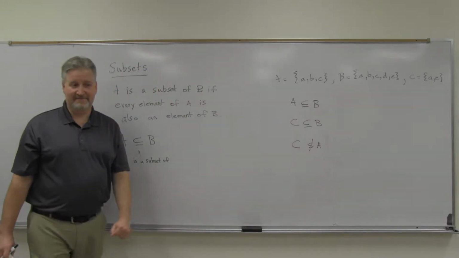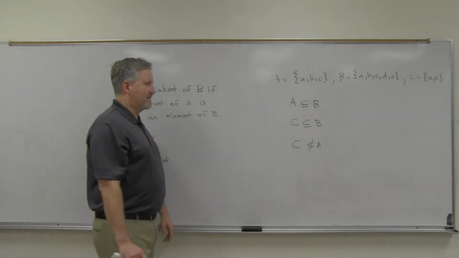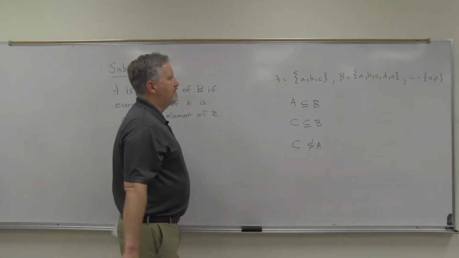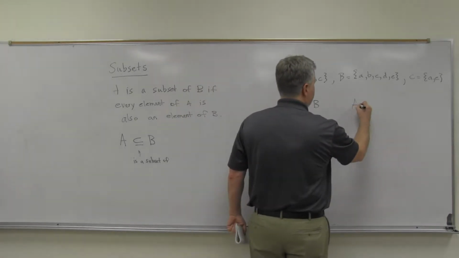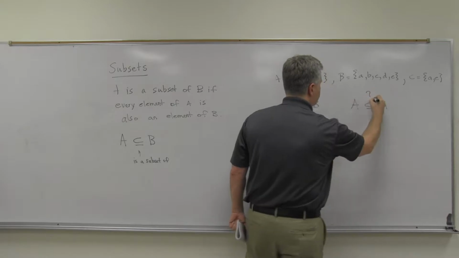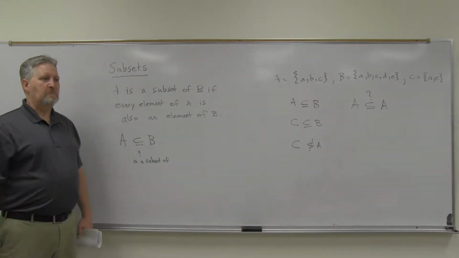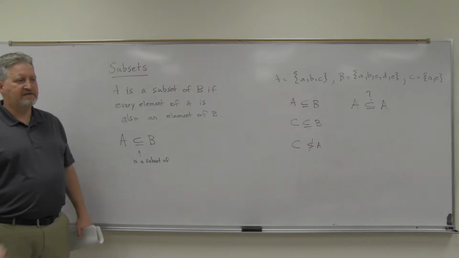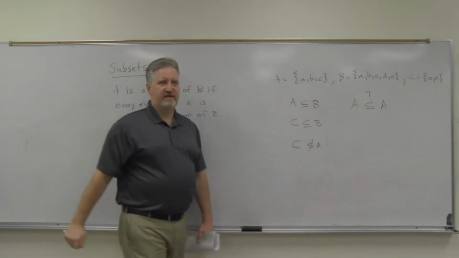All right, now, there are some things you might have a little trouble with, or we need to think about a little bit. What if I went this? A is a subset of A. Based on the definition, can we say that A is a subset of itself?